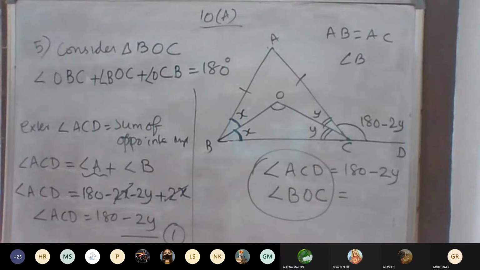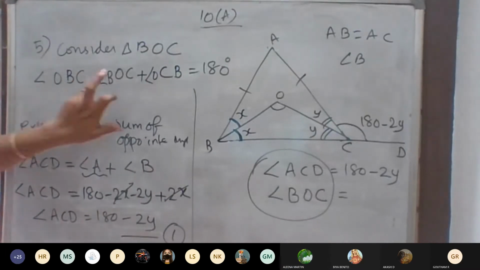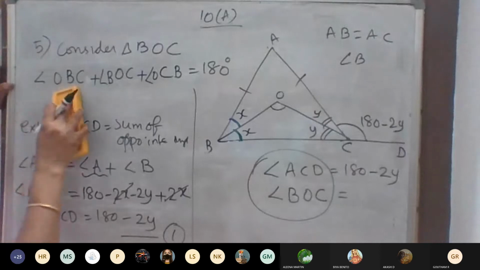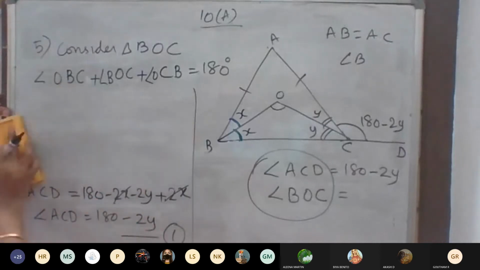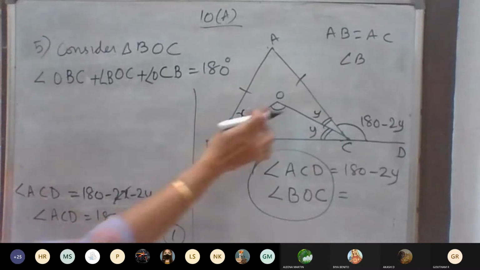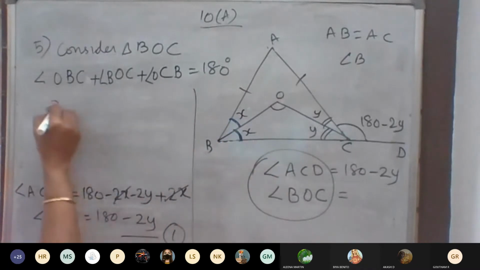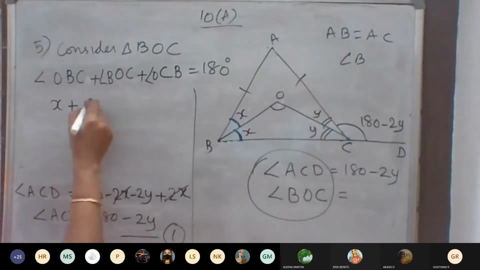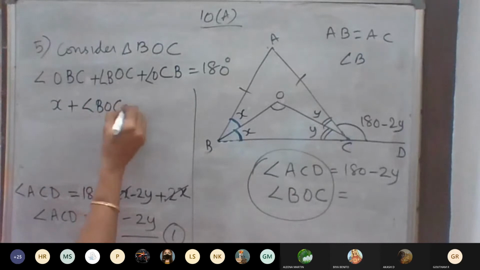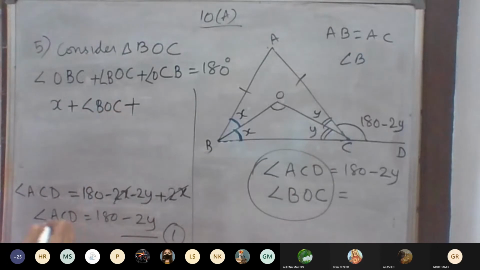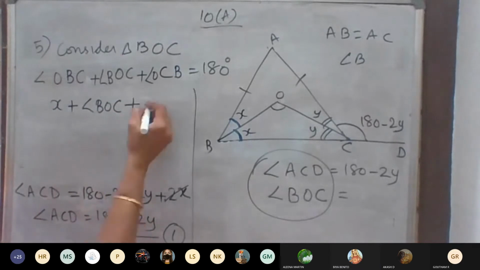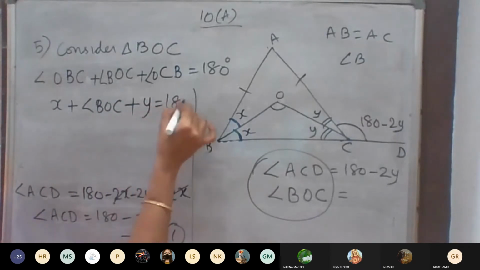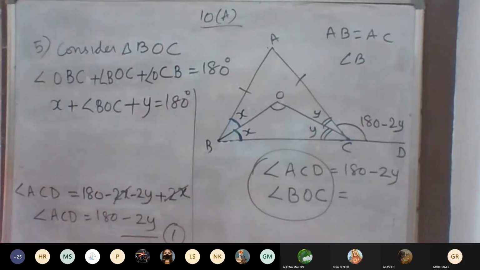So BOC we have to find out. OBC, substitute that. Look at the figure. OBC is x. x plus BOC, which we have to find out, plus OCB, which is y, is equal to 180 degrees.